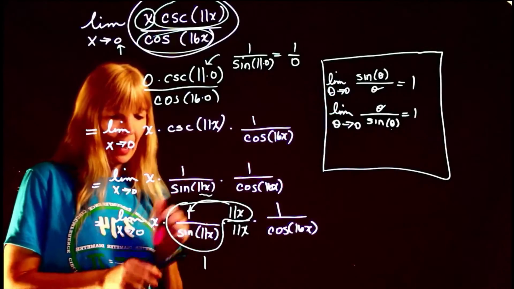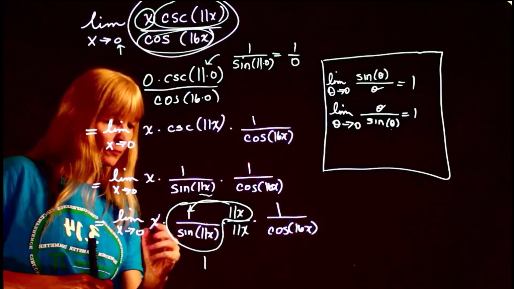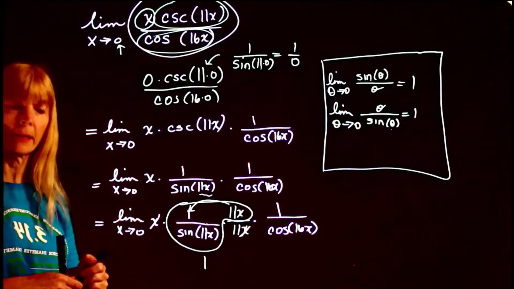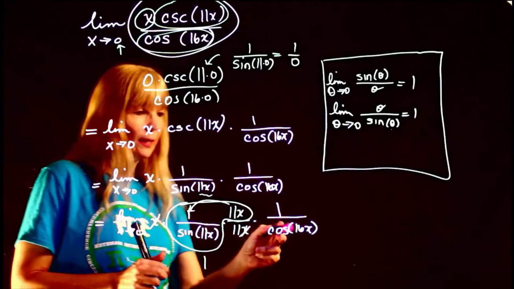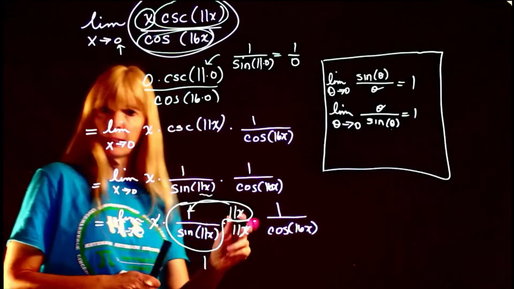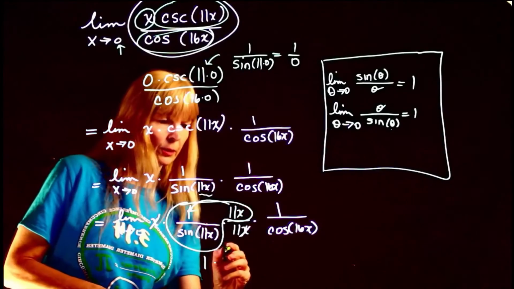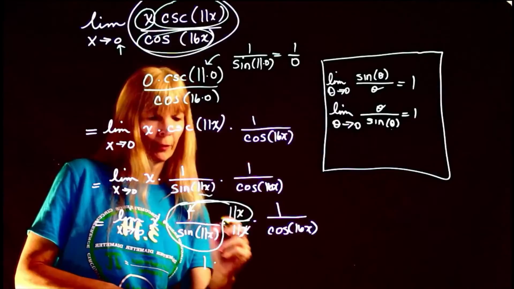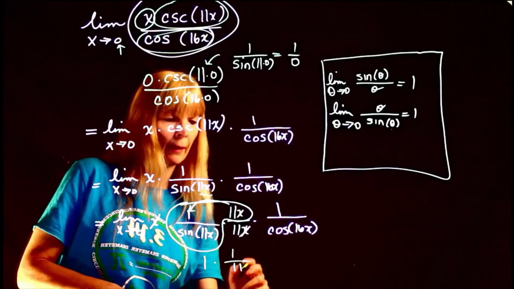As you see, I can cancel this x with that x. So I've ended up with an 11 here, and that's still in the denominator. So that's 1 over 11.